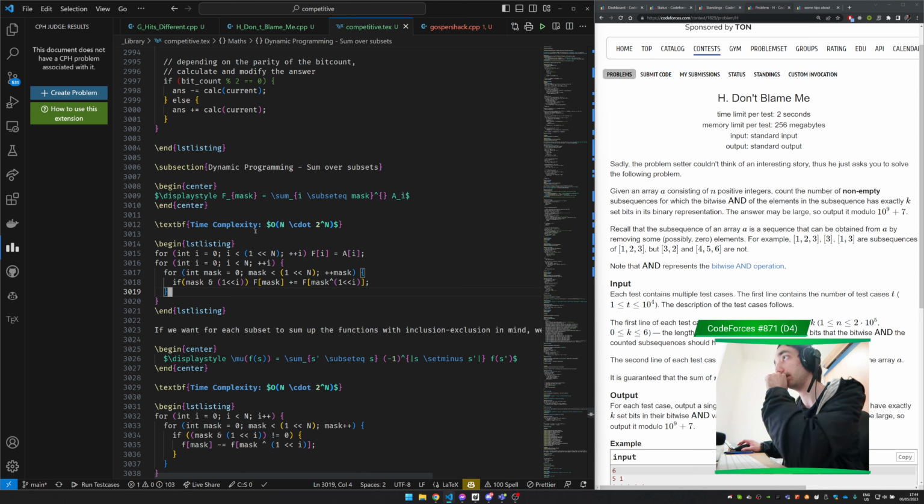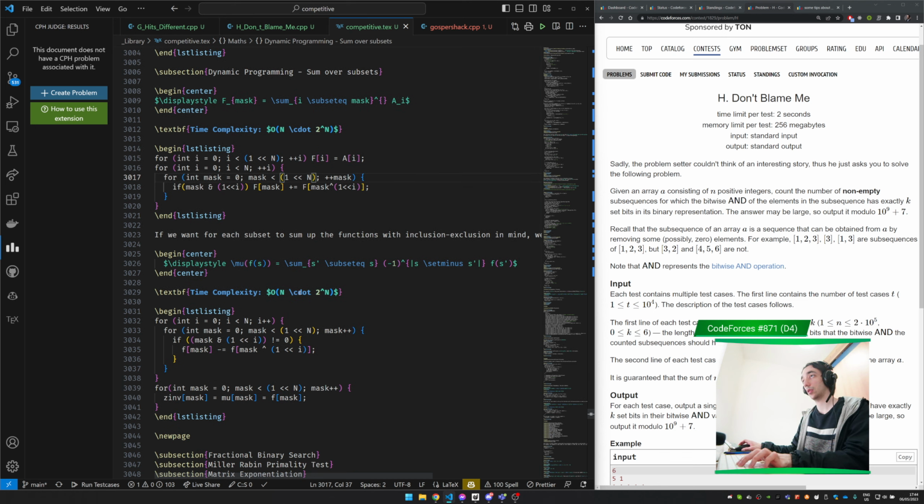So this goes over subsets, the function with inclusion exclusion principle.